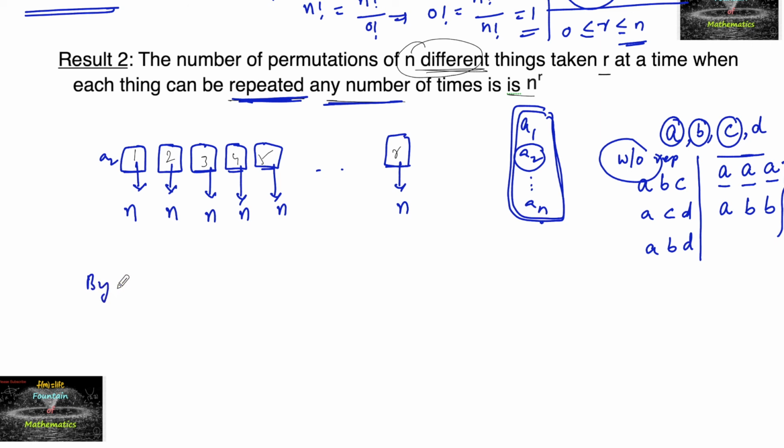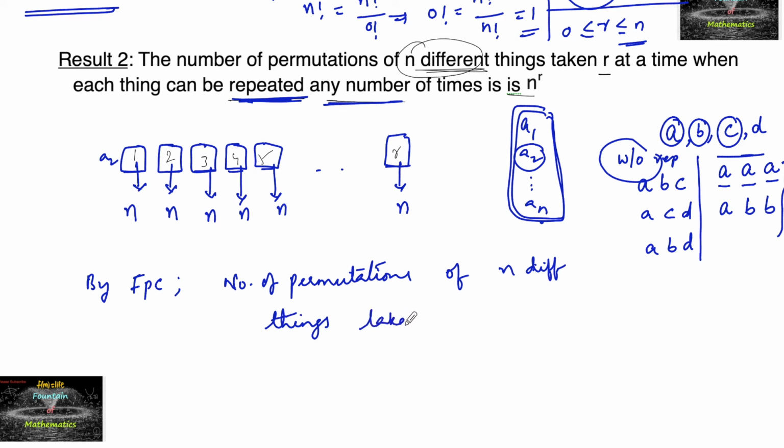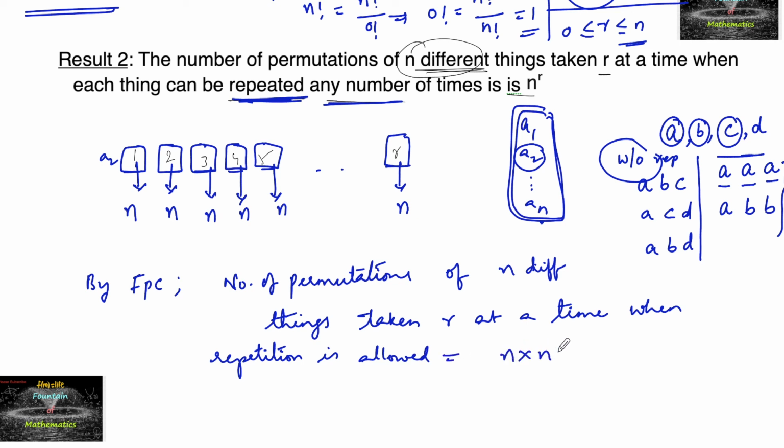So by the fundamental principle of counting, the number of permutations, or the number of arrangements, of n different things taken r at a time when repetition of the object is allowed is equal to n into n into n and so on.